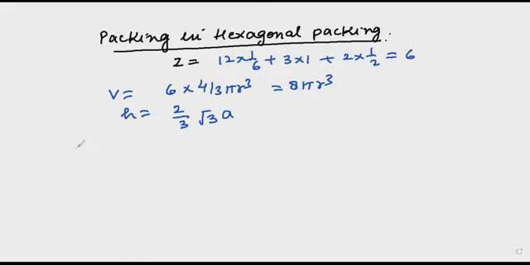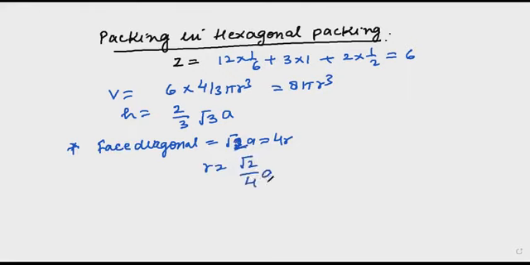And after that we are finding the face diagonal, because in each face that one exists. So face diagonal value is equal to root 2a is 4r, means r is equal to root 2 upon 4a.